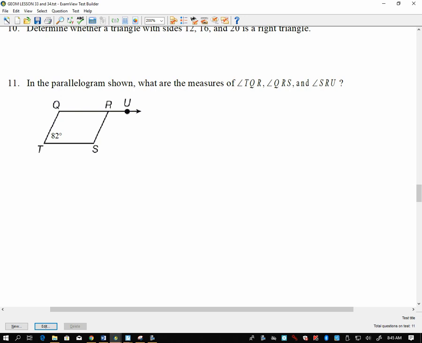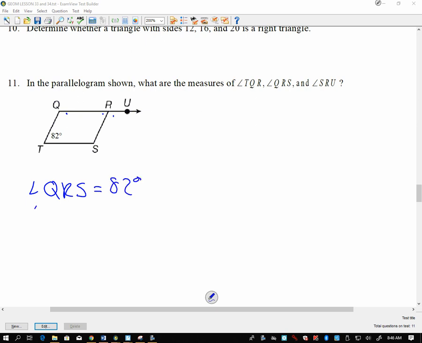What are the measure angles of TQR, QRS, and SRU? So, all right, it wants to know this angle, TQR, QRS, this angle right here, and this angle right here. Okay, well, I know QRS, that's the easy one, right? It's 82 degrees.